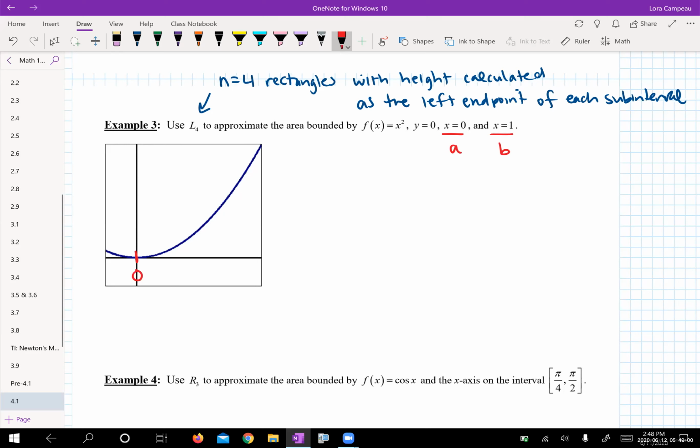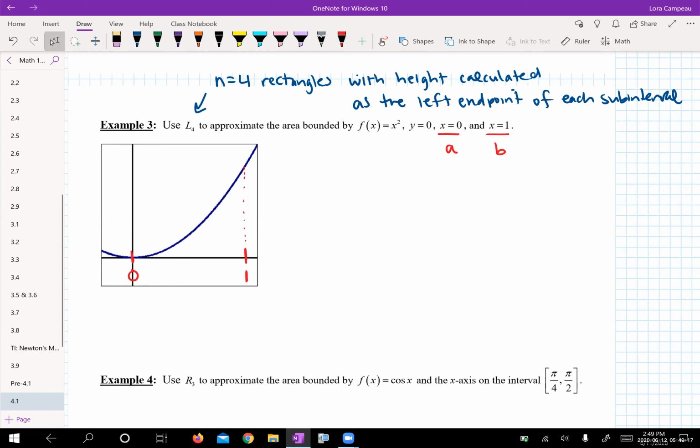I exaggerated so that we can see what's actually happening. So we're still looking at that area. Now that you know the left endpoint and the right endpoint, they didn't specify the width of the subinterval, but you can figure that out by calculating delta x. So what does this tell us? Delta x is always going to be b minus a divided by your n, which is 4.